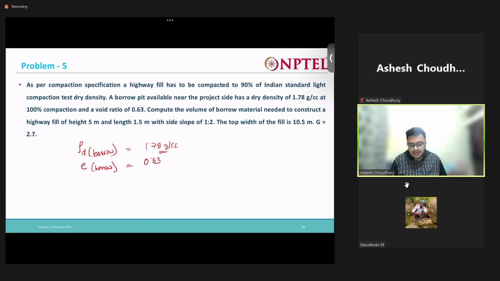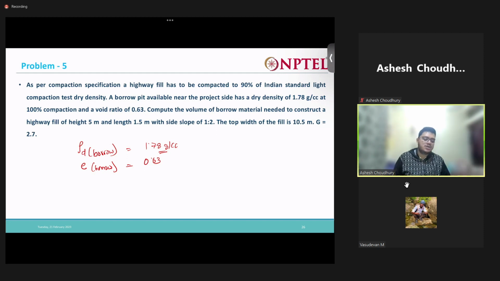So this dry density is actually what we obtain. What we did was take soil from the borrow pit.